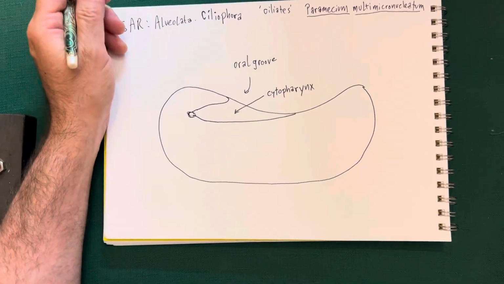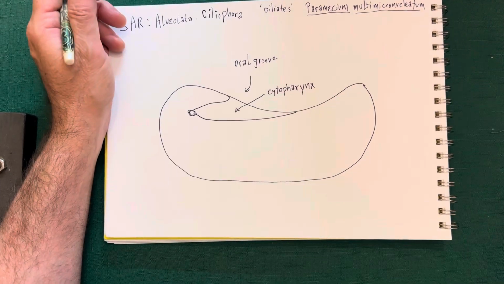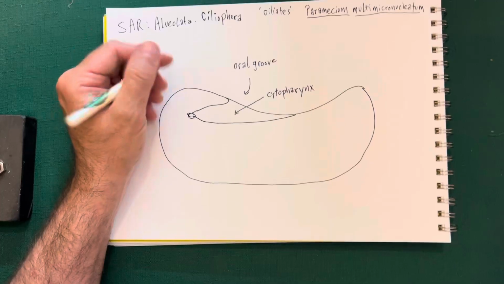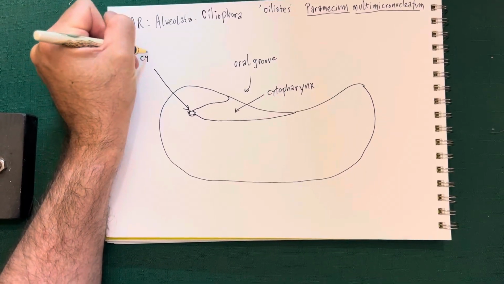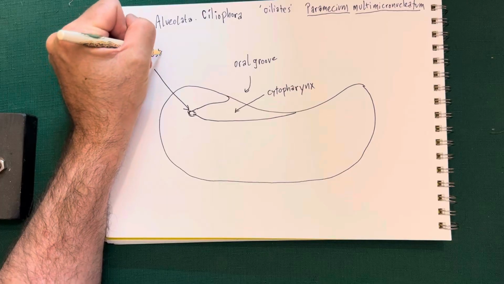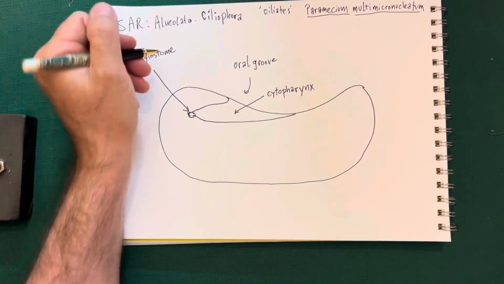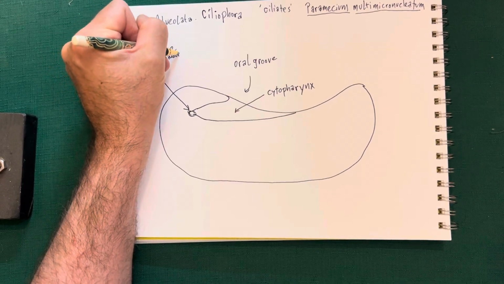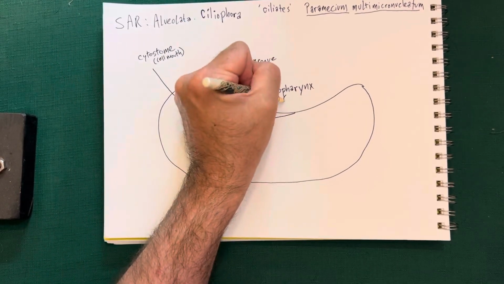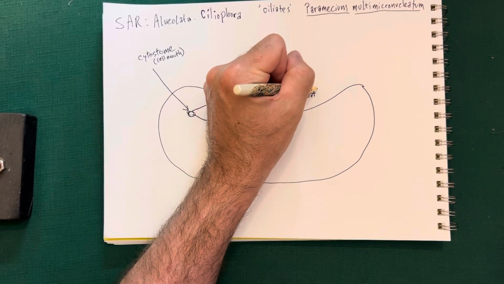Pharynx means throat. So that's how we get cell throat. Cytopharynx leading down to a cytostome, or a cell mouth. I'll go ahead and write cell throat here.